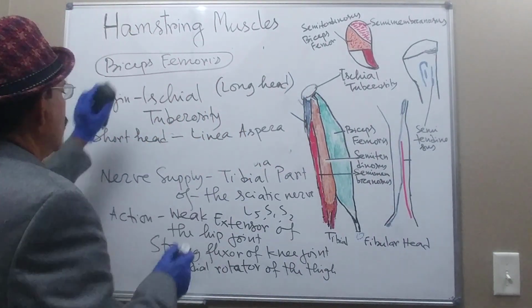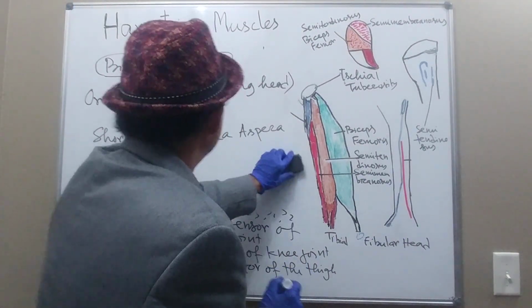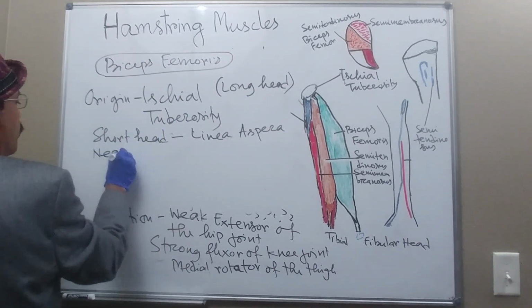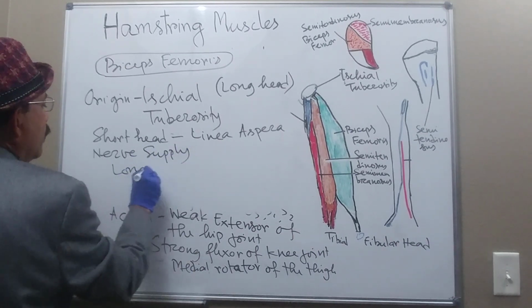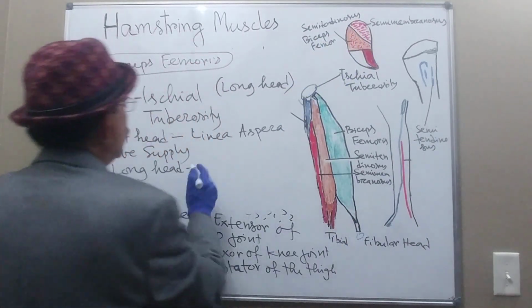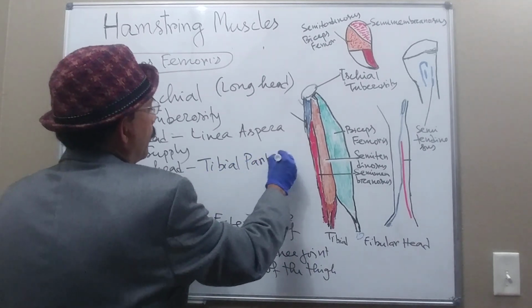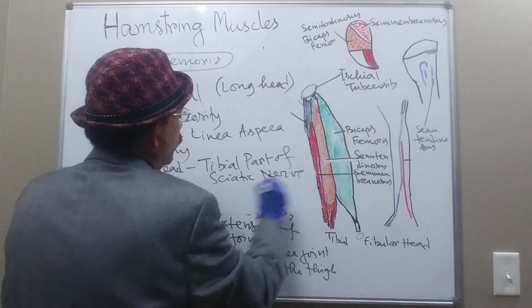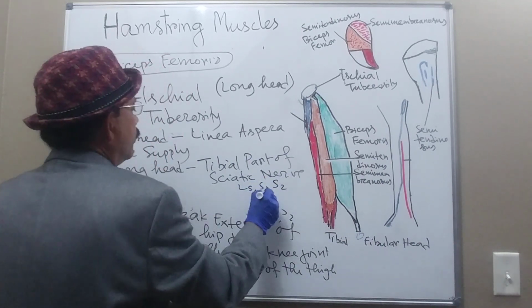Okay, we got that. Nerve supply: it has two heads, so double nerve supply. If you go to the nerve supply, long head, like all other hamstrings, nerve supply is the tibial part of the sciatic nerve. Okay, root value L5, S1, S2.